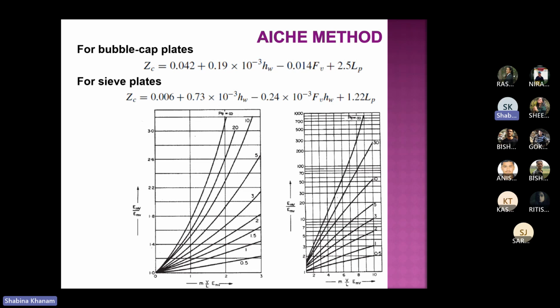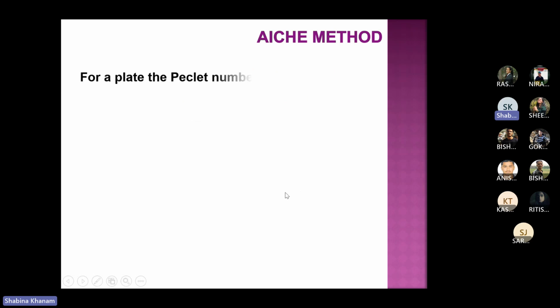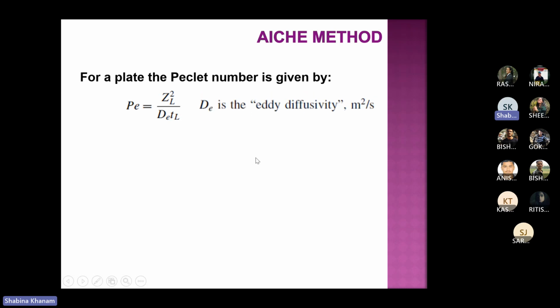Now the point is how to consider this PE, that is the Peclet number. It varies from 0 to infinity. We need to consider the Peclet number, which is defined like this: ZL square by DE into TL. ZL square, the length of the liquid path, we have already calculated.